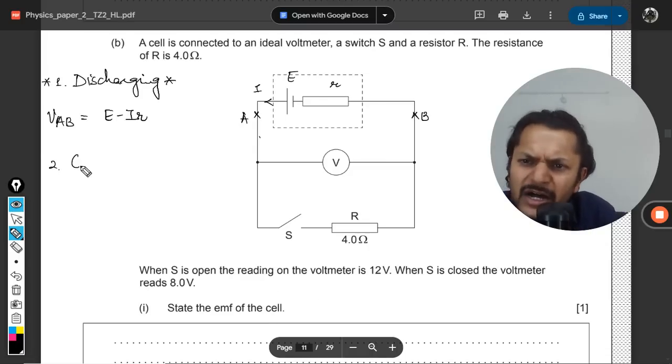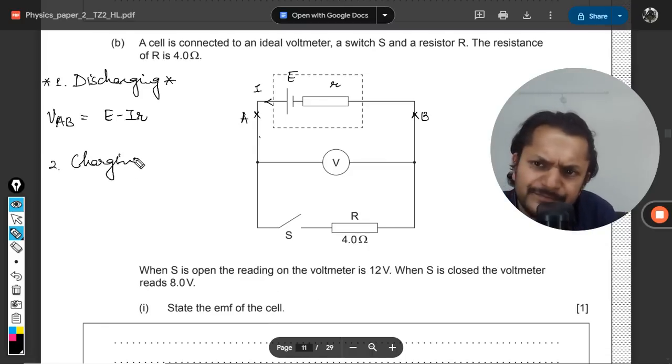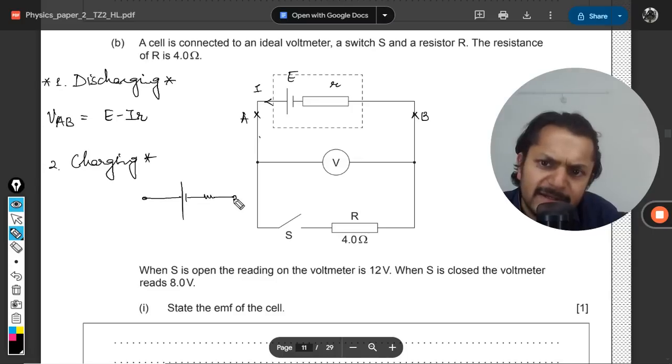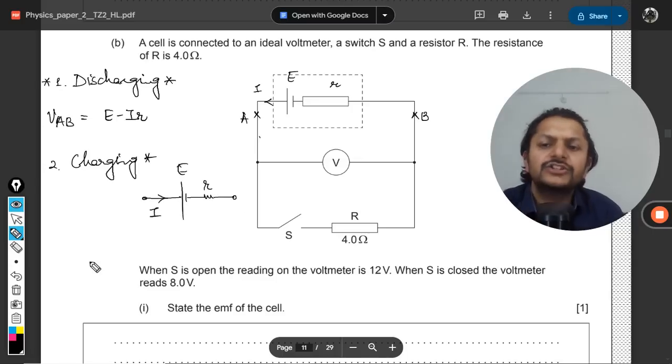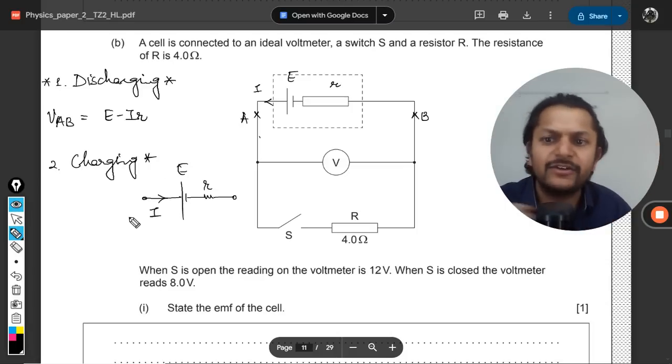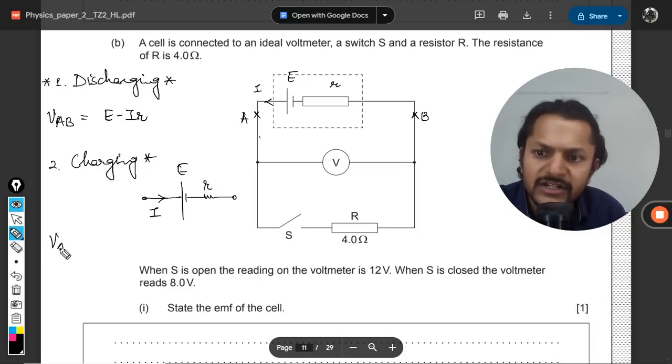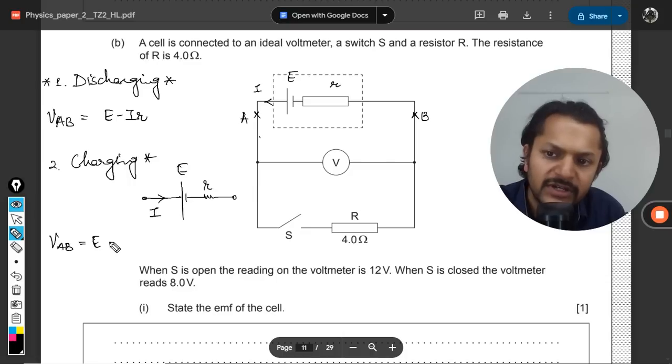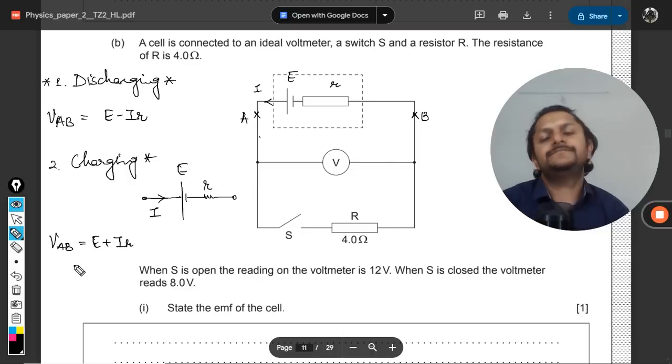Let me tell you about the charging also. In the case of charging, this is the EMF, this is the internal resistance, this is the current I. The current is entering into the battery, so the terminal potential difference becomes E plus IR.